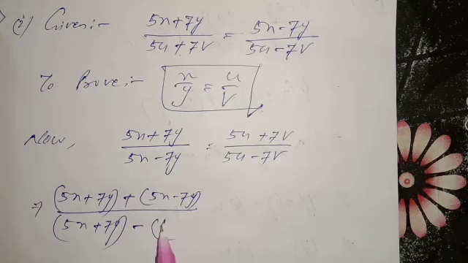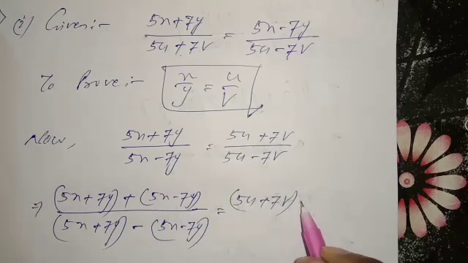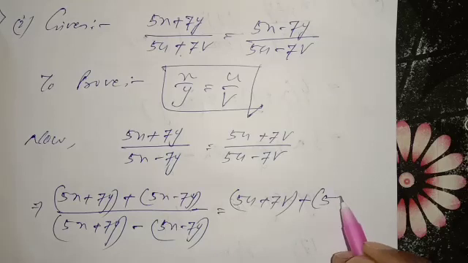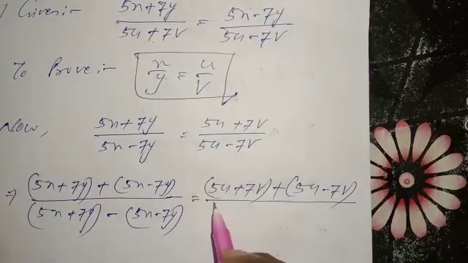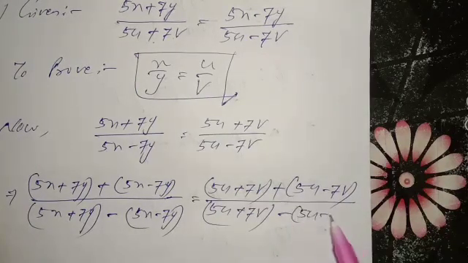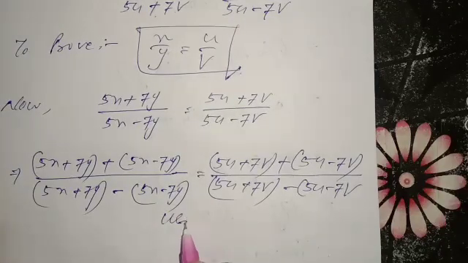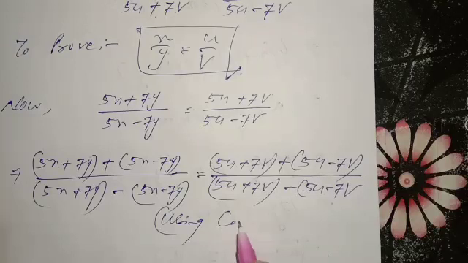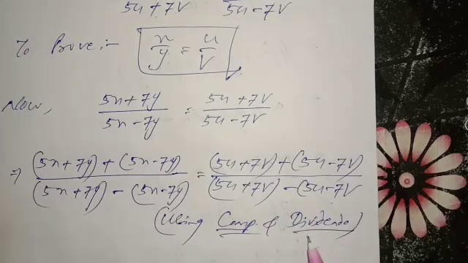Similarly on the right side, (5u plus 7v) plus (5u minus 7v) divided by (5u plus 7v) minus (5u minus 7v). This is called using componendo and dividendo property of the ratio proportion.